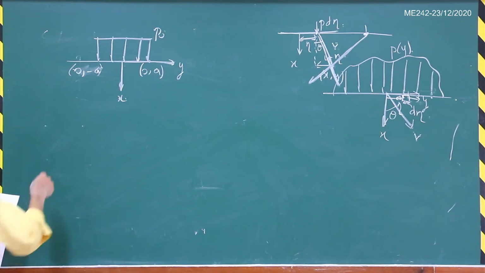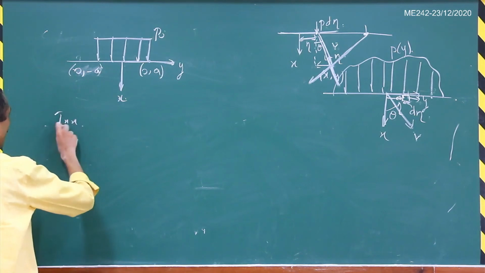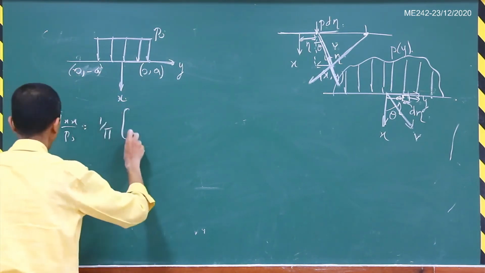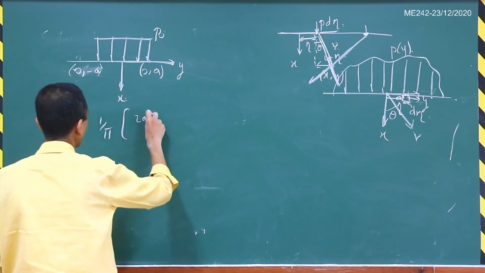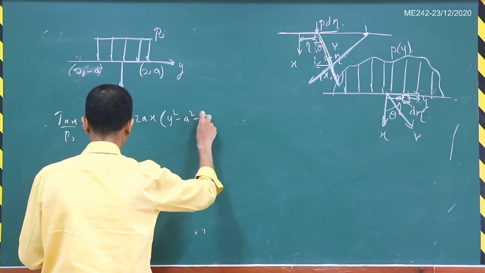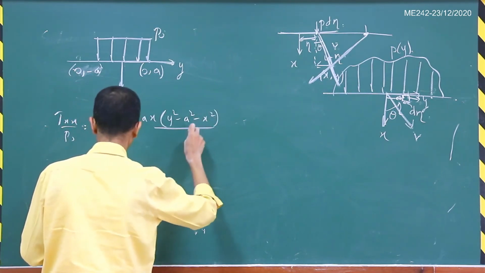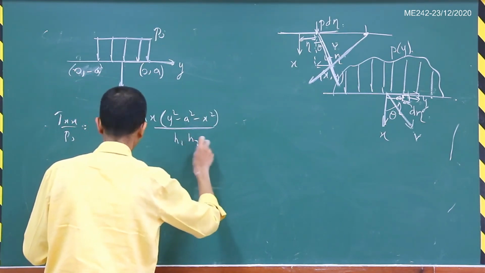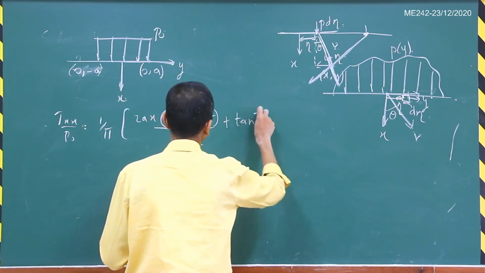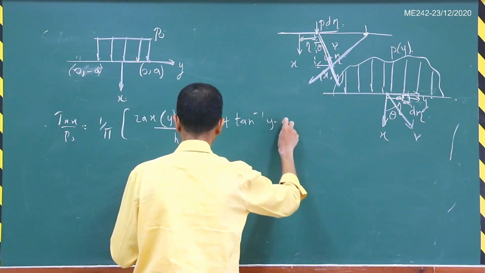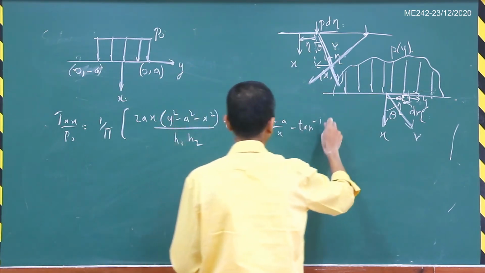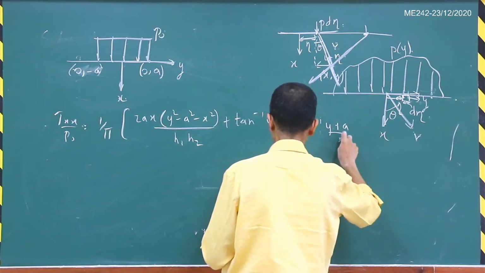And so what you will get in this particular case, I'll just write the expression for tau xx. So tau xx by P naught is equal to 1 by pi times 2ax times y square minus a square minus x square divided by h1 h2, plus tan inverse of y minus a by x minus tan inverse of y plus a by x.